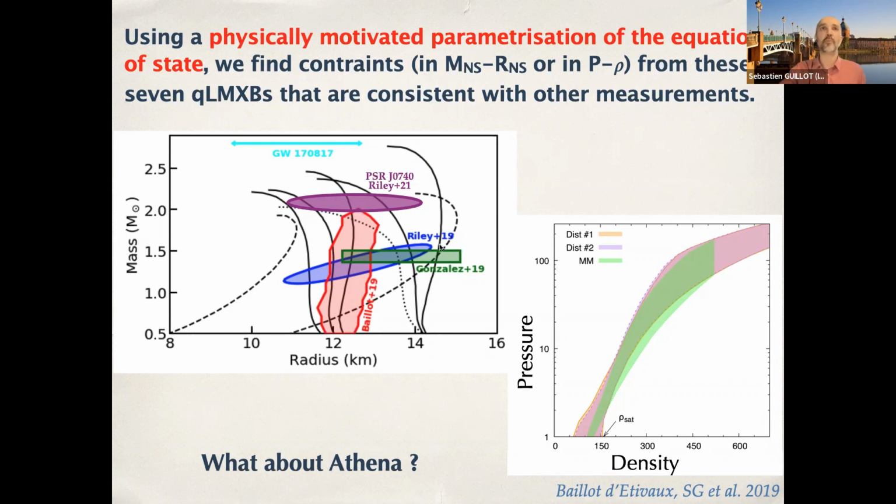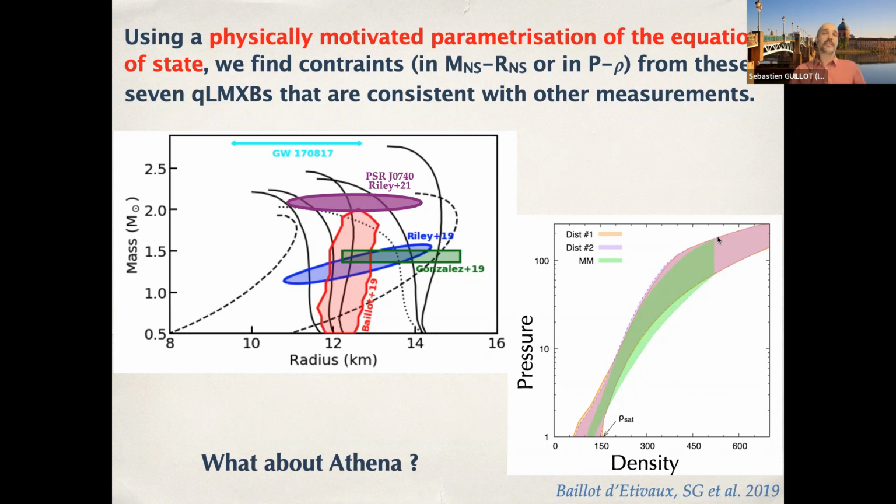And so we ended up with this red contour here. So this is the best fit to the seven quiescent low-mass X-ray binaries. And because we are using a parameterization of the equation of state, we can also represent it in a pressure-density plane. And we found something that was consistent, for example, with the green band, which was from the gravitational wave constraint of GW170817.